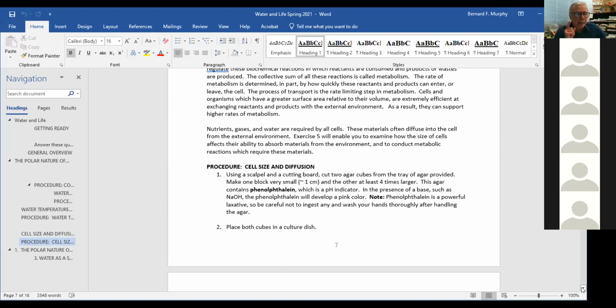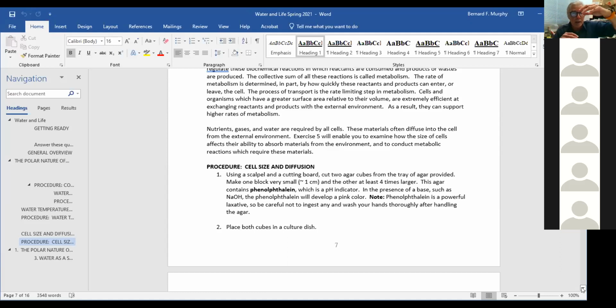Also, but it gets larger faster than the surface area, because it's S cubed for the volume and S squared for the surface area. With a fraction, the bigger the numerator, the bigger the number.